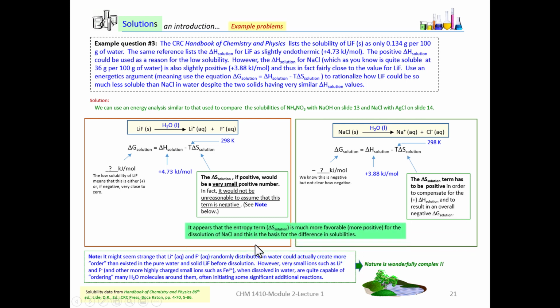So what we'd say here is that when we compare lithium fluoride with sodium chloride, even though the two of them have very similar delta H of solution values, the sodium chloride is a lot more soluble, probably because the delta S of solution for the sodium chloride dissolving is much more favorable. In other words, much more positive for the dissolving of sodium chloride than it is for lithium fluoride, and this would be the basis for the difference in the solubilities.